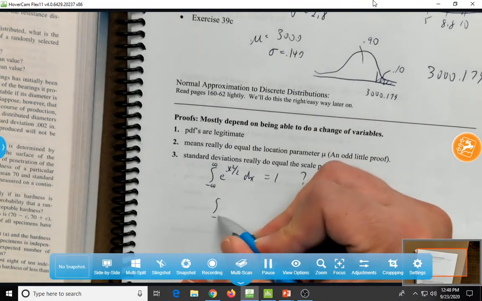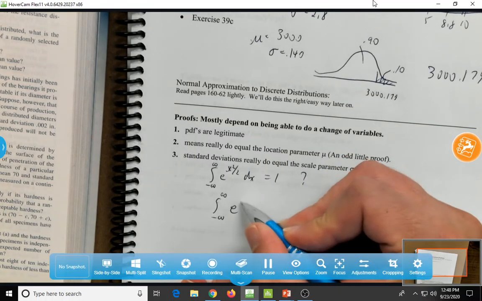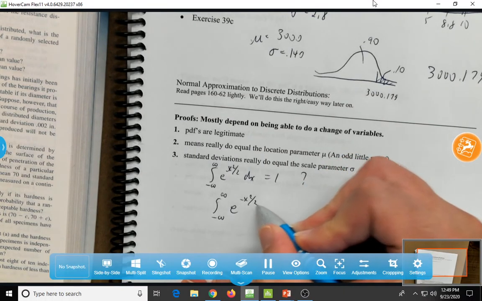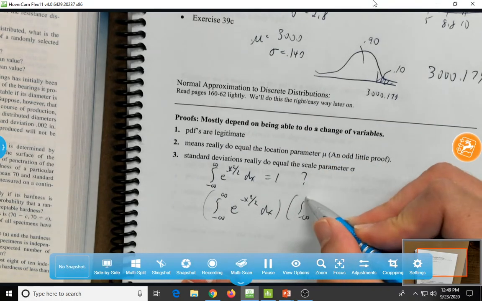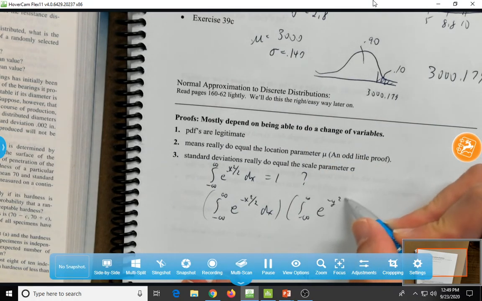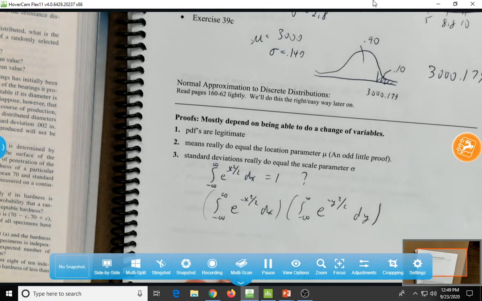What I'm going to do is take the integral from minus infinity to infinity of e to the minus x squared over 2 dx and multiply it by the integral from minus infinity to infinity of e to the minus y squared over 2 dy.